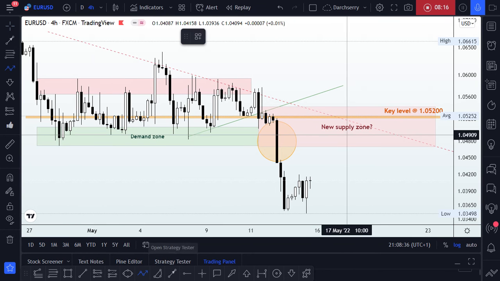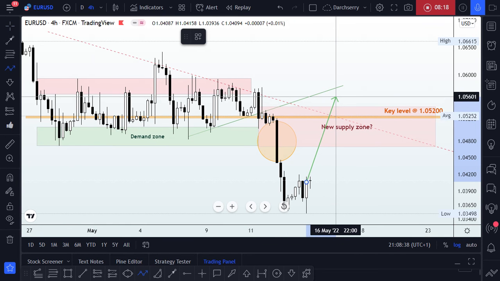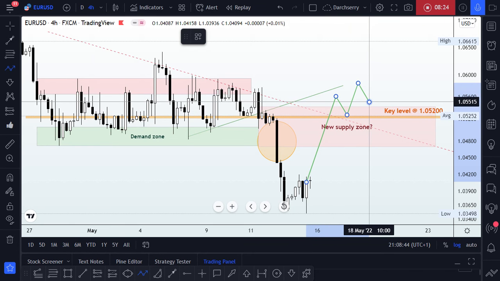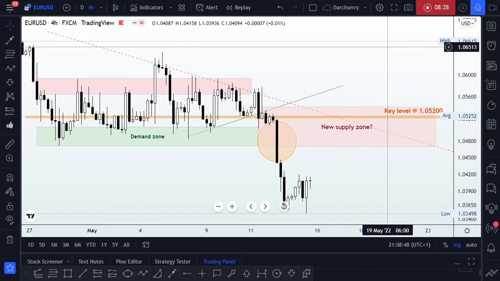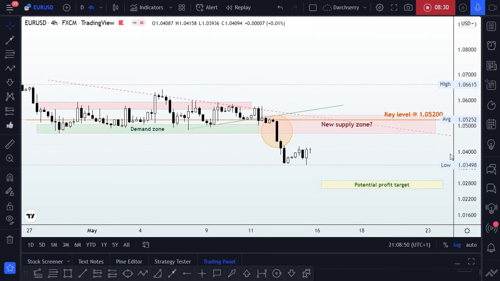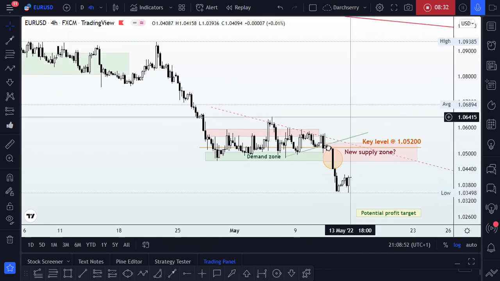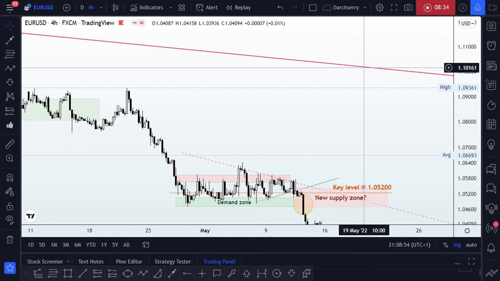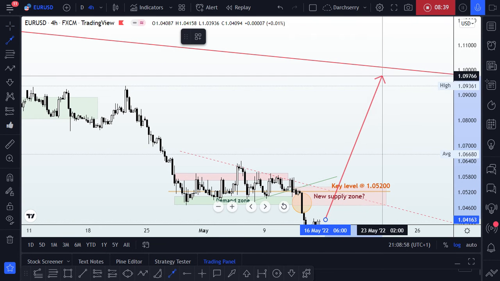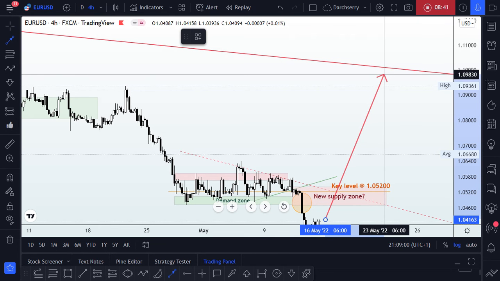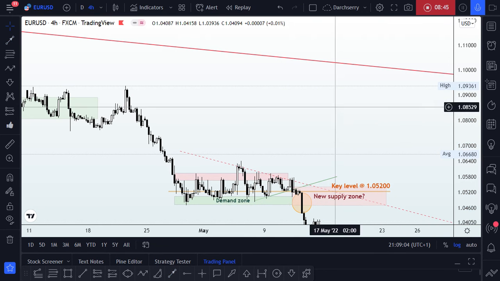However, if at any time we have a breakout of that key level, then we really need to hold and see how price is going to react at this point, or probably price is going to still go further up, or probably price will be aiming at the bearish trend line we identified on the daily time frame, which you will find around here. So I'm not sure price will go that far at this point, but we can never tell until the market opens that we can determine this.